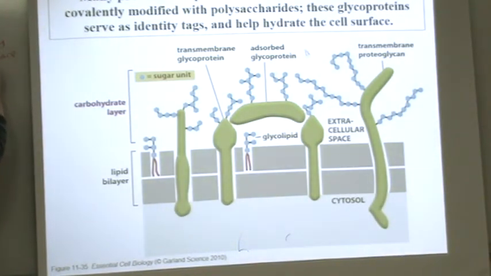and having a sugary surface gives two important characteristics. The particular shapes and 3D configurations of the sugar give a shape-based identity to the cell.